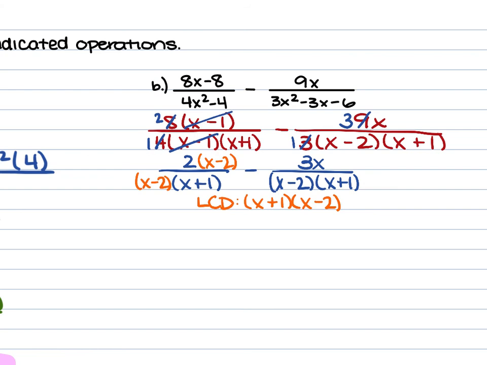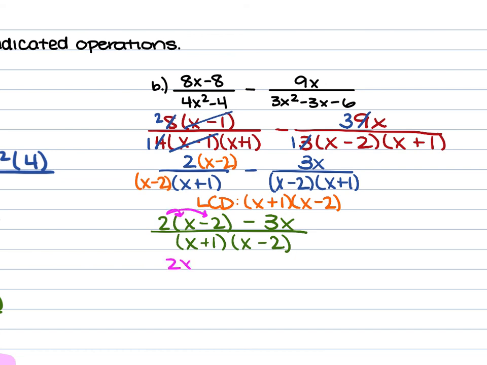So we're just going to rewrite this as 2 times x minus 2 minus 3x all over x plus 1 times x minus 2. We will distribute the 2 in to give us 2x minus 4 minus 3x over x plus 1 times x minus 2. From here, we're going to combine our like terms in the numerator.